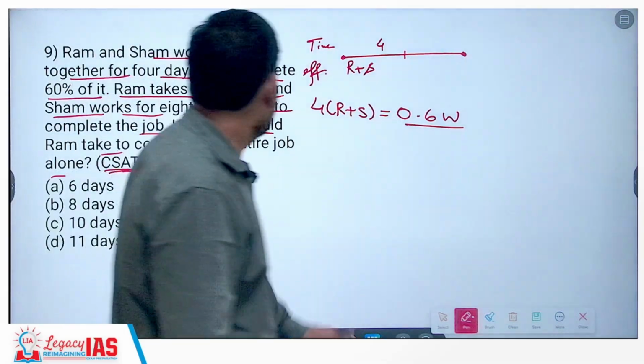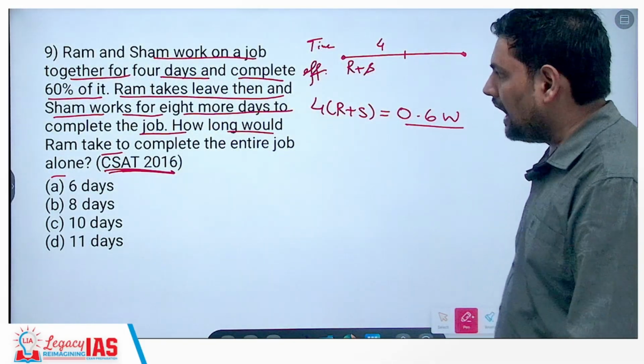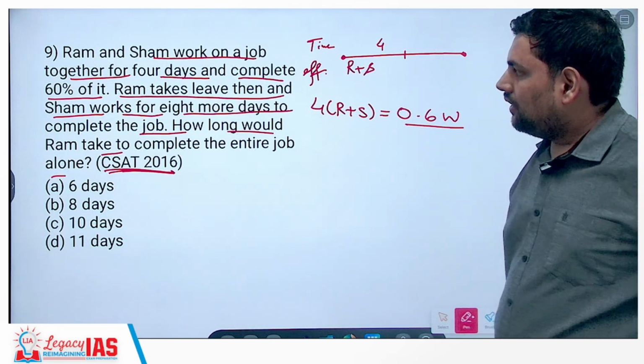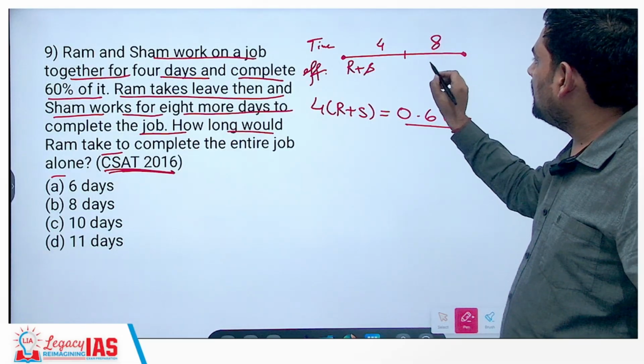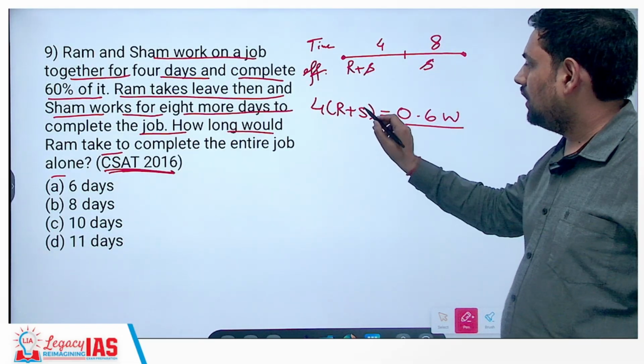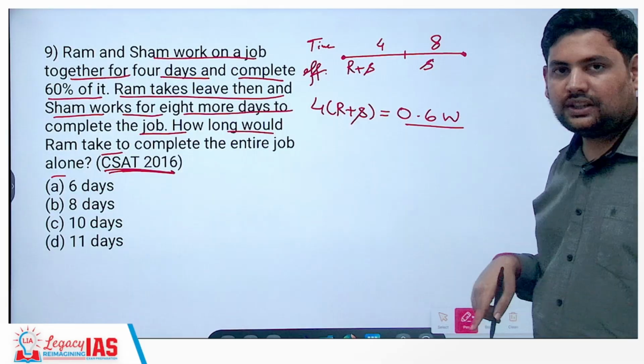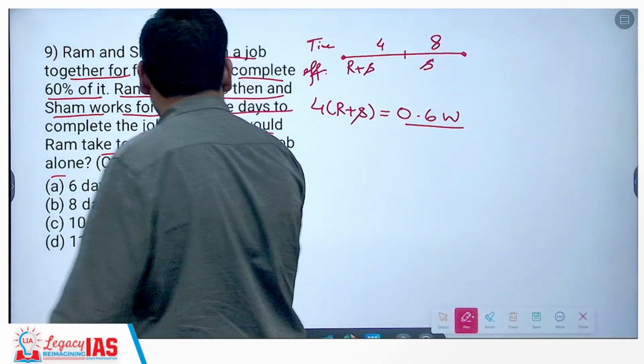That means 4 into R plus S is equal to 0.6 W, or 60% of work that gets done. Understood? Now next part: Ram takes leave and Sham works for 8 more days. So 8 days. Who is working? Only Sham, correct? Only Sham is working for those next 8 days and he completes the job.